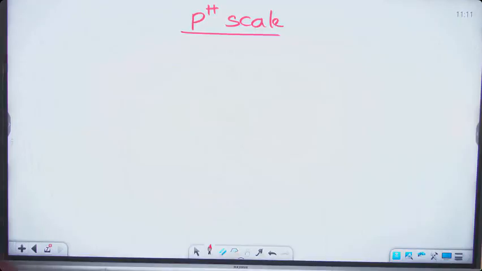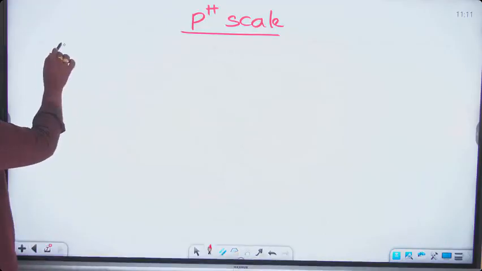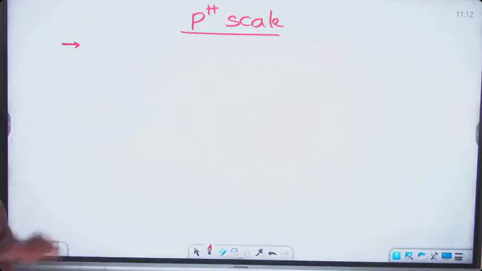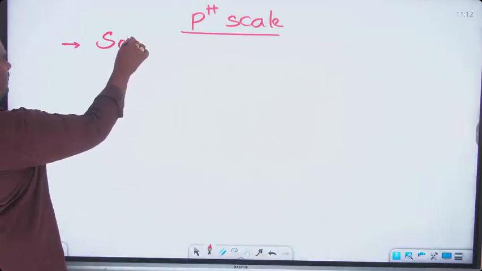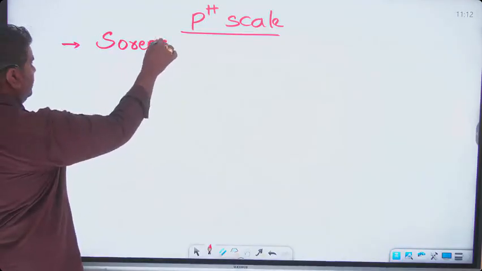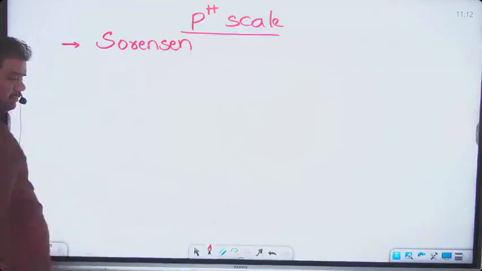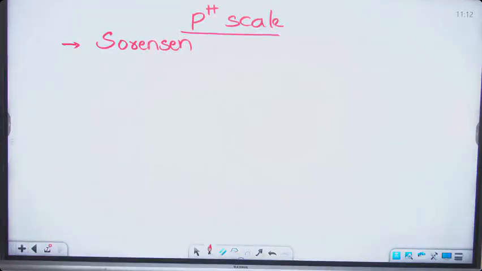Right. మరి pH scale ఎవరు డిజైన్ చేశారు, ఎవరు డెవలప్ చేశారు? pH scale was developed by a German scientist, Sorensen.